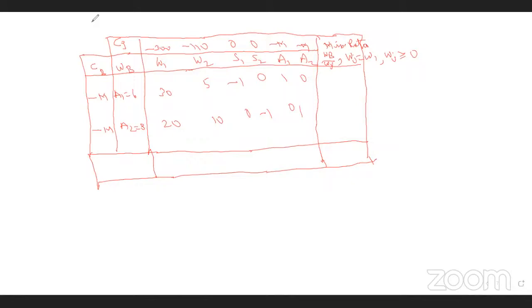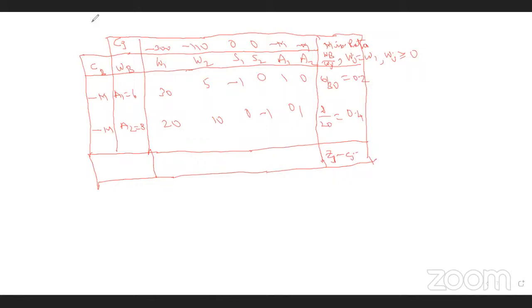Minimum ratio, WB by WJ: 6 divided by 30 equals 0.2. Next, 8 divided by 20 equals 0.4. So we need to take ZJ minus CJ.